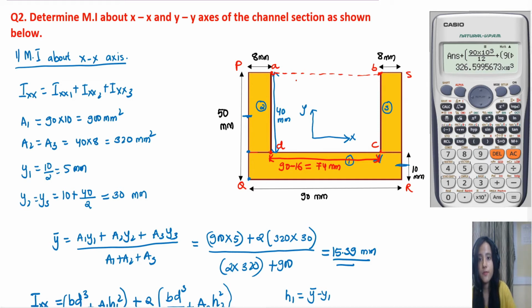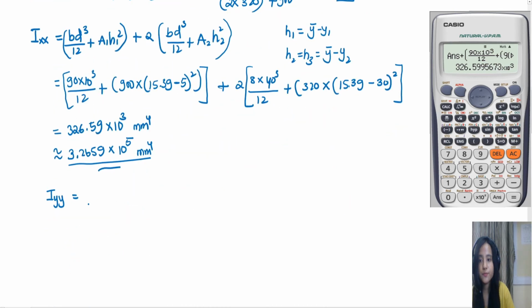Now let us find Iyy. So my Iyy now will be equal to the moment of inertia of the outer rectangle, which is, let me write this as capital D, capital DB cube by 12 minus small letter db cube by 12.